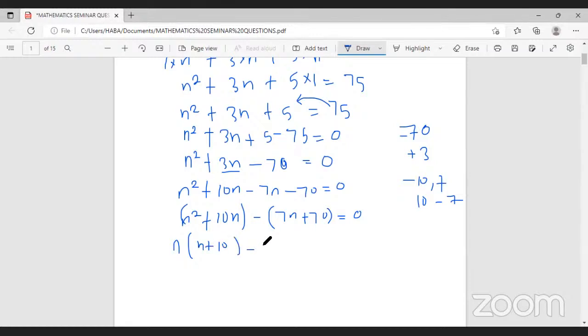Then in the second bracket, what is the common factor? 7. What remains inside? n plus 10. So equate this to 0. So do we have common factors still?